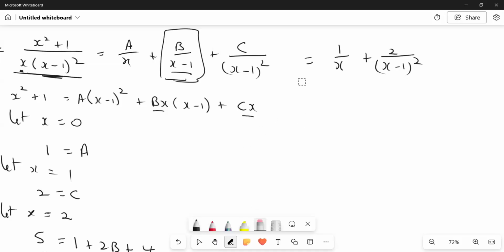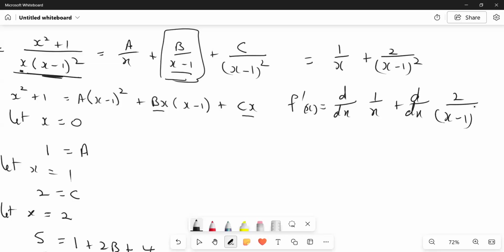So f prime of x will be equal to the derivative of this: d/dx of 1 over x plus d/dx of 2 over (x minus 1) squared, which is x to the minus 1, d/dx of that, plus d/dx of 2(x minus 1) to the minus 2, right?